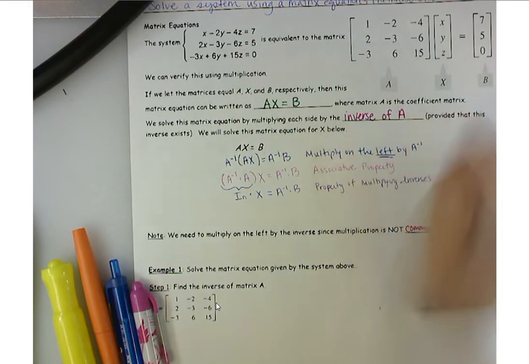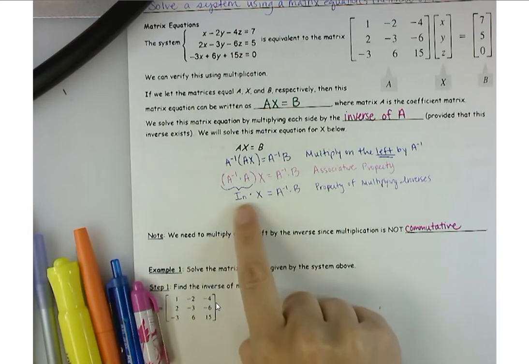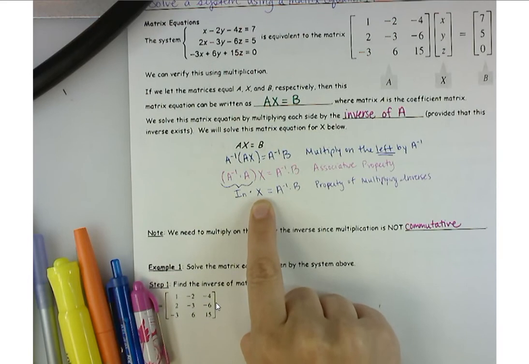Okay, and then one more. When I multiply the identity by something, what do you get? That something, right? So whenever you multiply the identity by x, you're just going to get x.